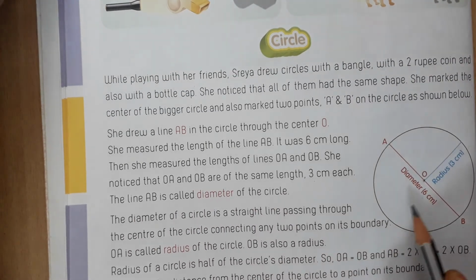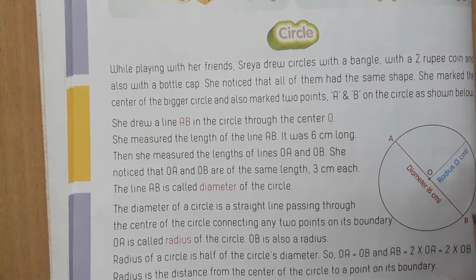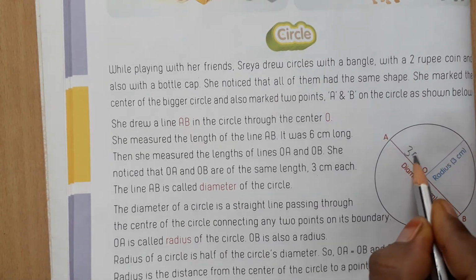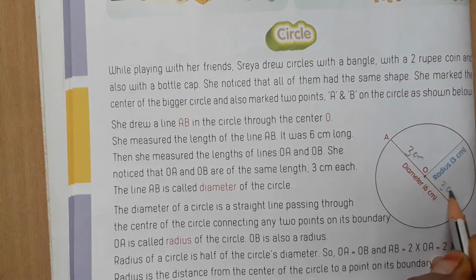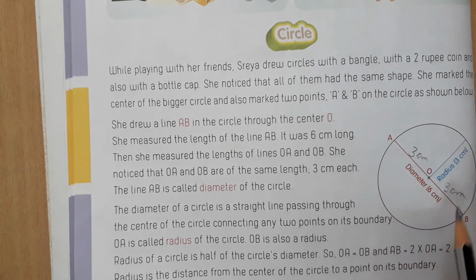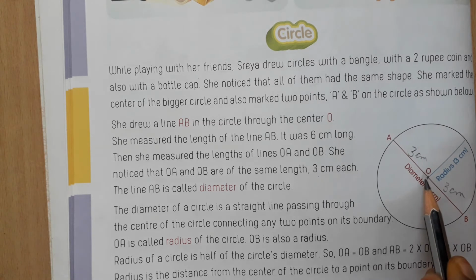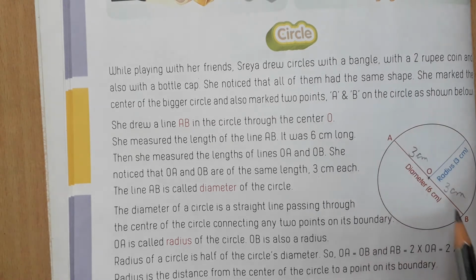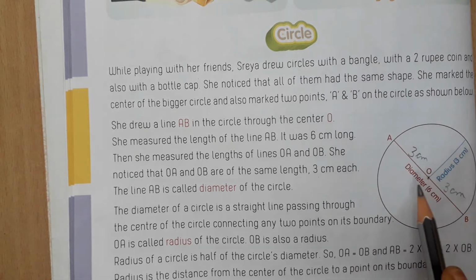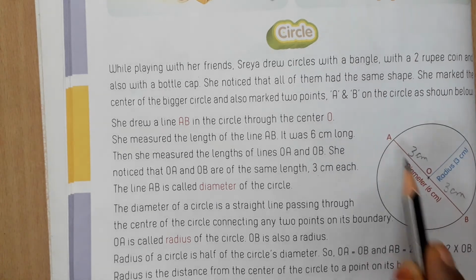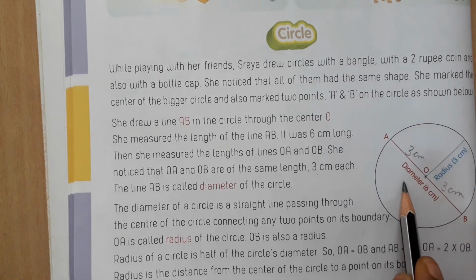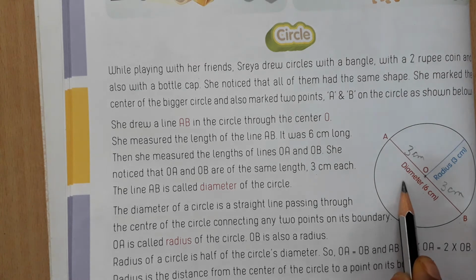So here OA and OB both are 3 centimeters in length, and the total length of AB is 6 centimeters. So here the center point is exactly dividing the AB line equally. So this AB line is called the diameter of the circle.